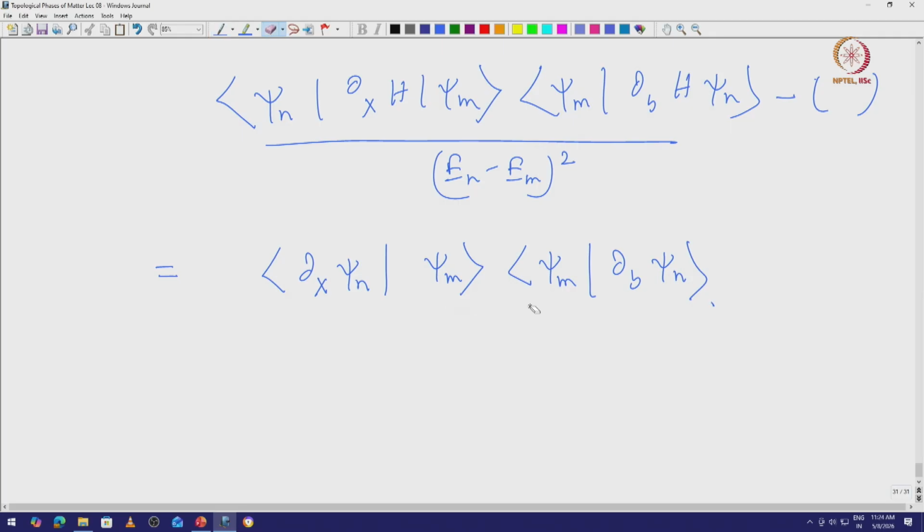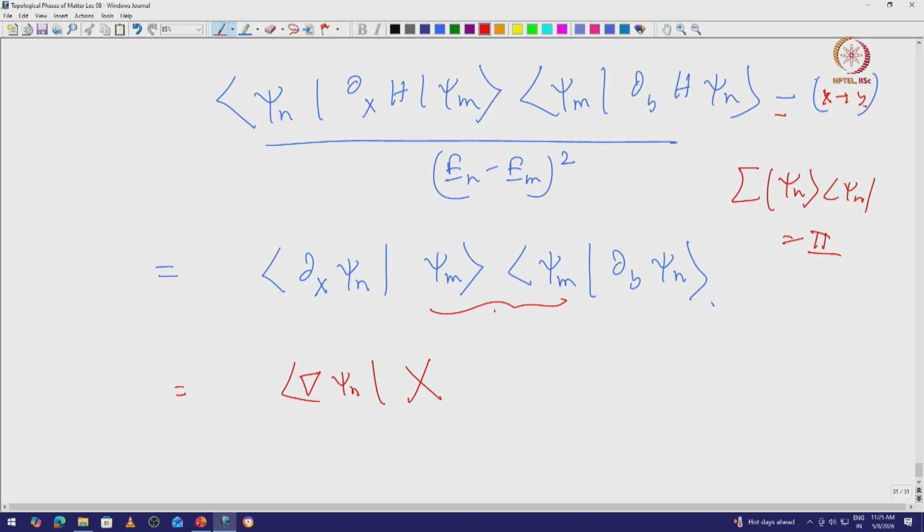And then there is a summation over m, and one can use the completeness to get rid of these states, and what you will eventually get, because of minus with x goes to y, you will get a cross product with this, and there are all these summations over n and m and k. So only the k would remain.